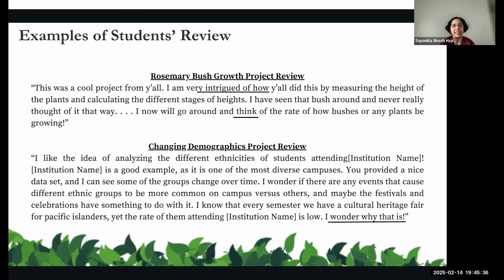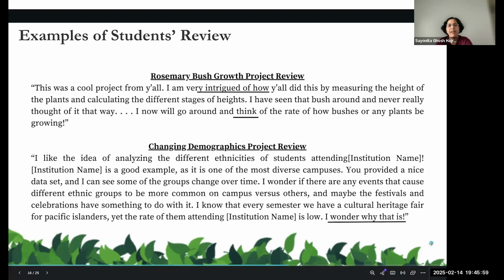I wonder if there are any events that cause different ethnic groups to be more common on campus versus others, and maybe the festivals and celebrations have something to do with it. I know that every semester we have a cultural heritage fair for Pacific Islanders, yet the rate of them attending the institution is low. I wonder why that is."